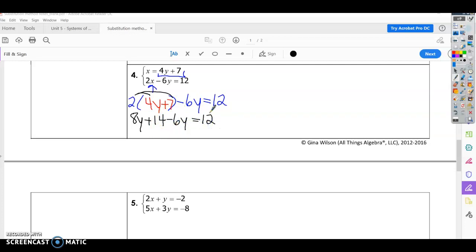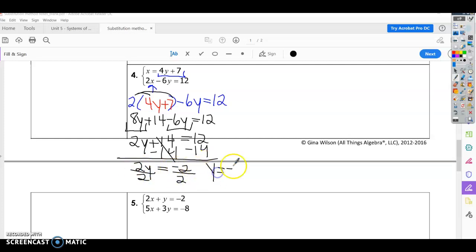Now we're solving an equation. We have 8y and negative 6y on the same side, so we're combining like terms to get 2y plus 14 equals 12. Subtract 14. 2y equals negative 2. So y equals negative 1. All right, so this time we found y first. So we can go ahead for our ordered pair. We know it's x and y.